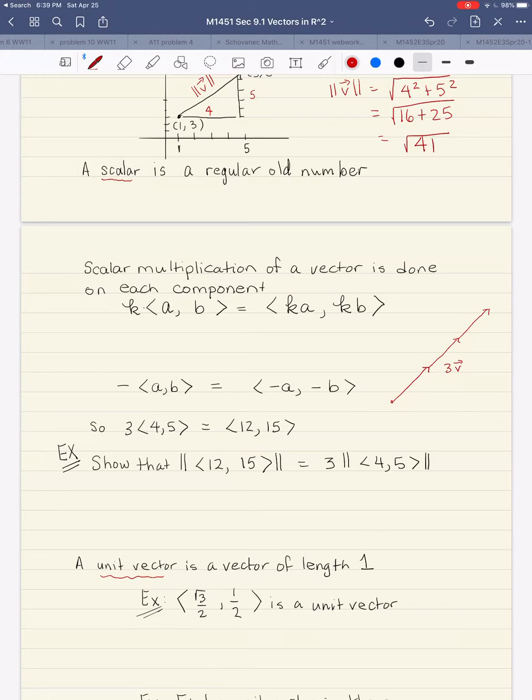If I multiply a vector by a negative number, I change the direction. So if this is vector AB, then minus AB goes in the opposite direction.